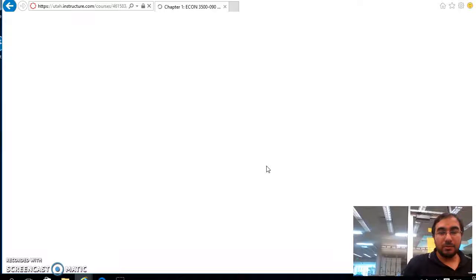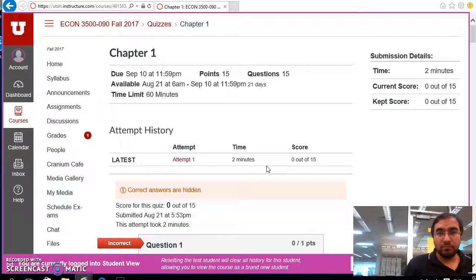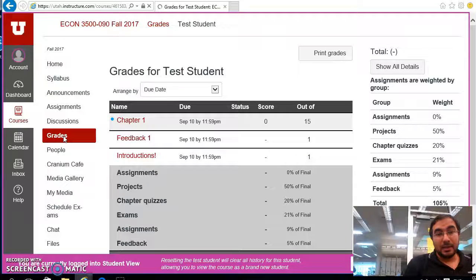Again, my computer works a little slowly. Yes, attempt 1, and you see, I got 0 out of 15. I'm now able to see my grade by looking at the grades page. As you see, my first grade on the chapter is 0.